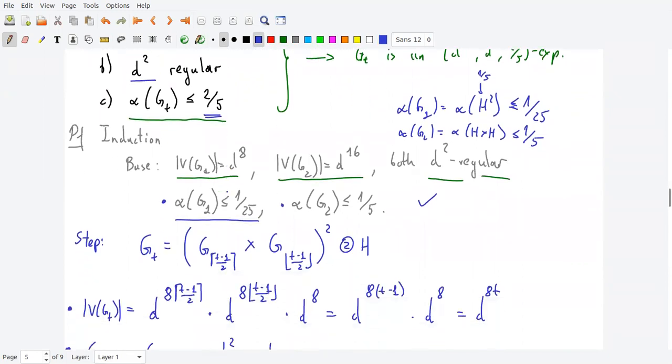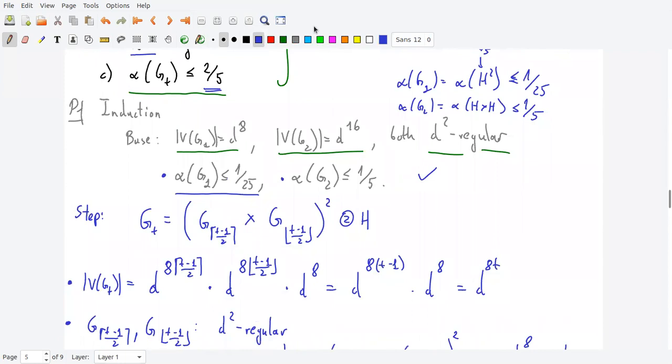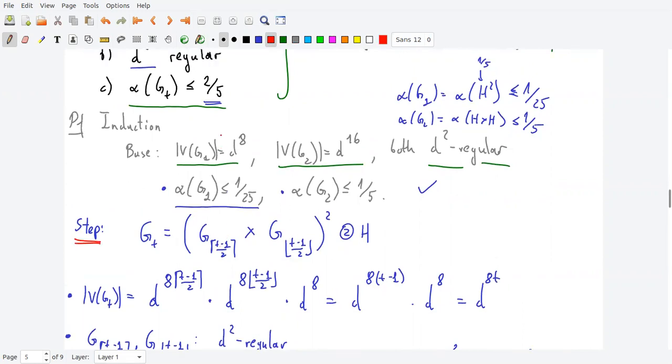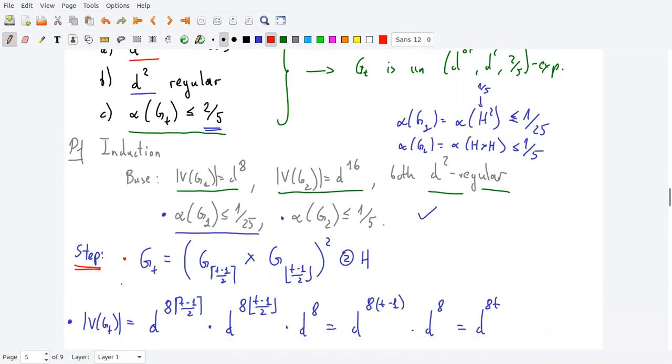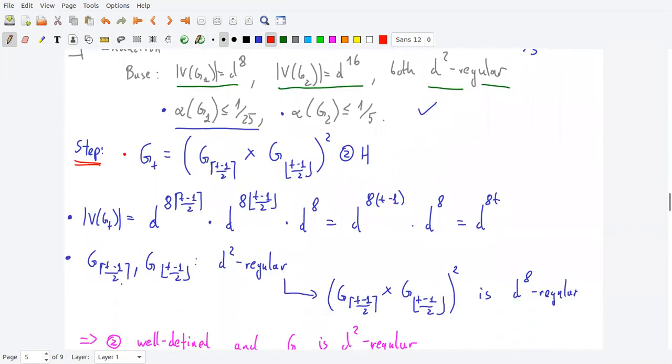So now we come to the crucial point, which is the induction step. We need to prove that, assuming that the previous graphs already have those properties, the next graph defined using this magic formula will have the same properties. So first of all, what is the number of vertices? This graph here has by induction d to the power 8 times the ceiling of t minus 1 over 2 vertices.